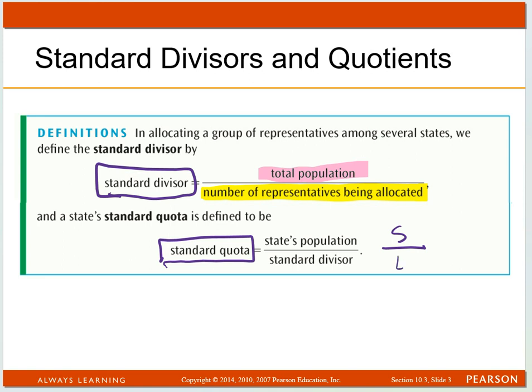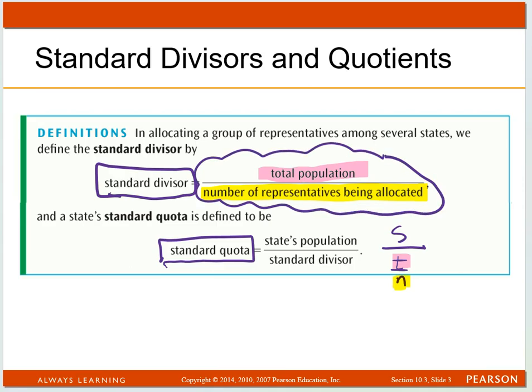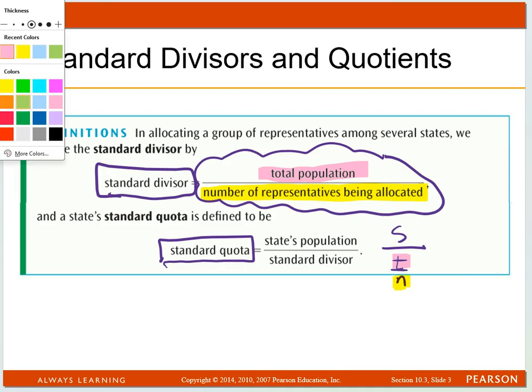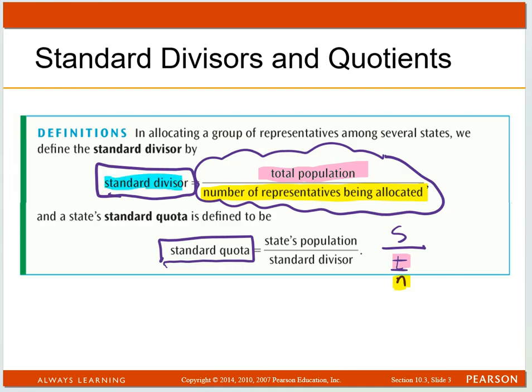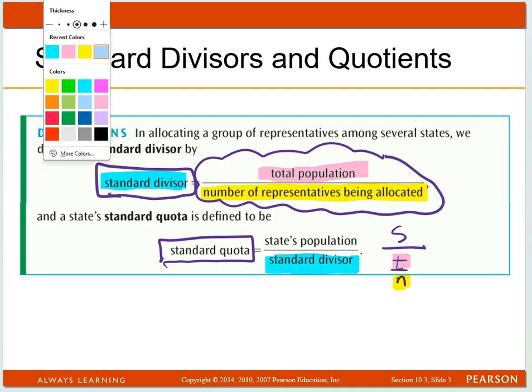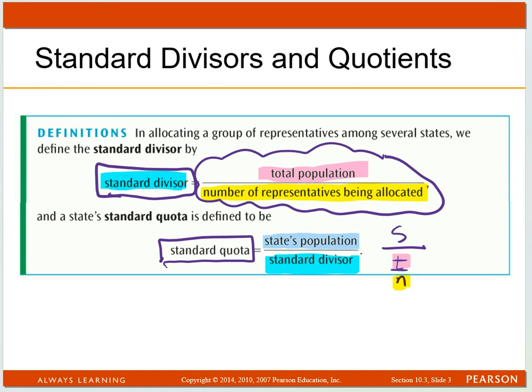The standard divisor is now called T over N. That is the pink, which is this mess right here. That's the standard divisor. So I guess I should give it a new color. How about this obnoxious blue color here? Standard divisor. That's going to be your new denominator. But the state's population was always S, which was in that light blue color.